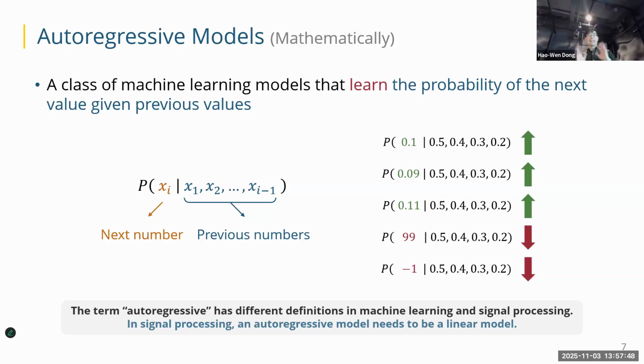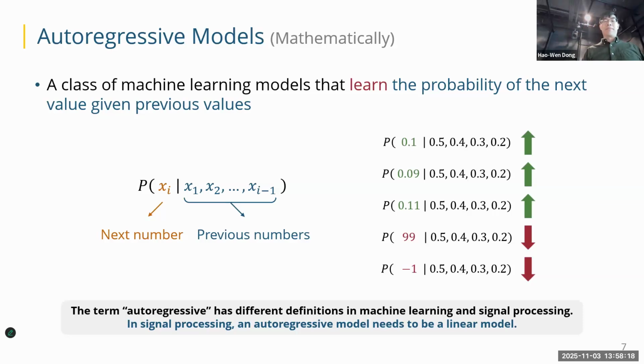One thing that's a little bit confusing is that the term autoregressive has different meanings in machine learning and signal processing. When we talk about autoregressive waveform modeling, it's traditionally a signal processing thing. But in signal processing, an autoregressive model needs to be a linear model, which is not the case in machine learning. Machine learning models are built to model nonlinear functions.